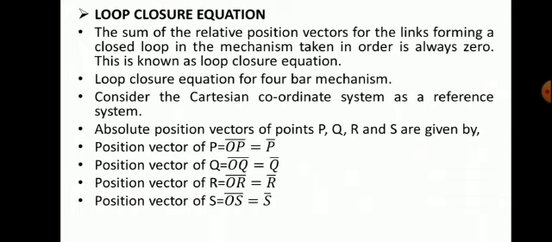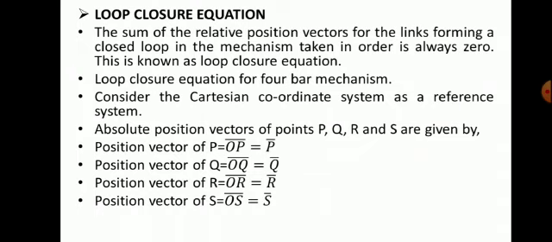This is known as the loop closure equation. Once again, the sum of the relative position vectors for the links forming a closed loop in the mechanism taken in order is always 0. This is known as the loop closure equation.